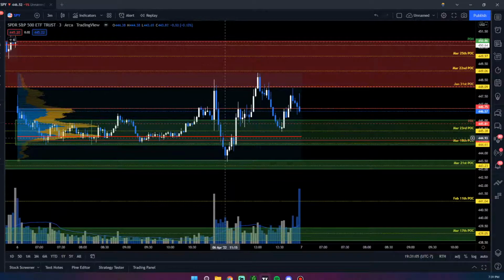You'll go from one side to the other side. And the inverse is true for taking calls. If you break below the value area and come back to it, 80% chance you'll go from this side to this side. So nice, quick, easy trade.